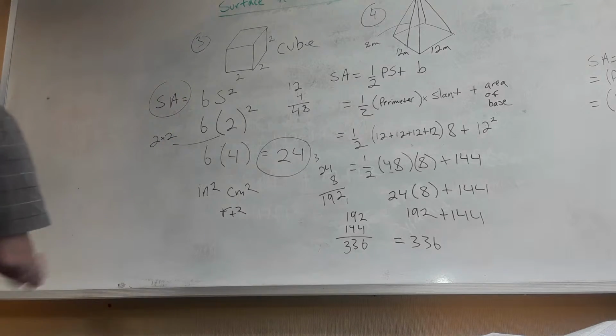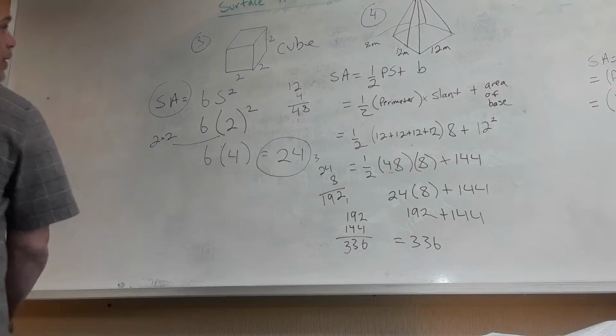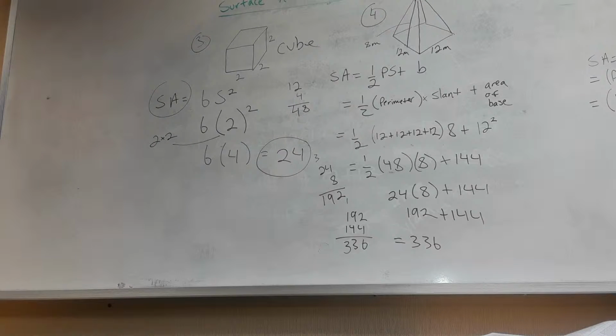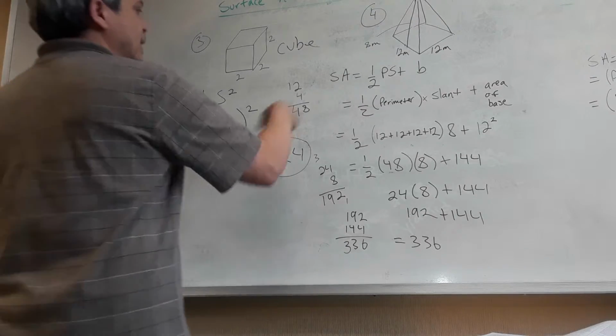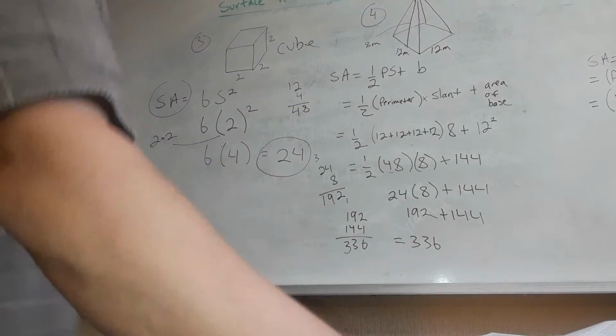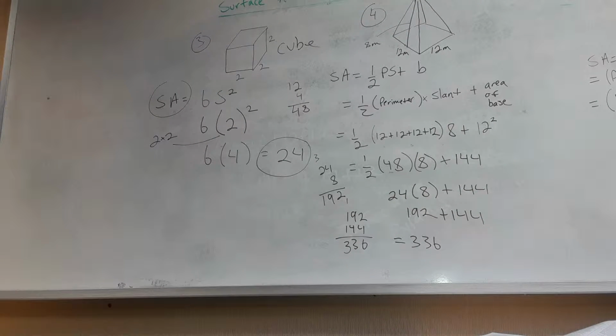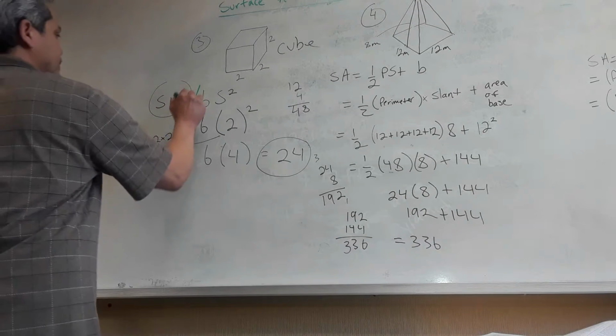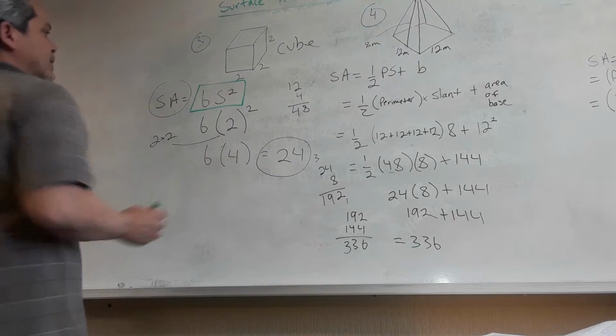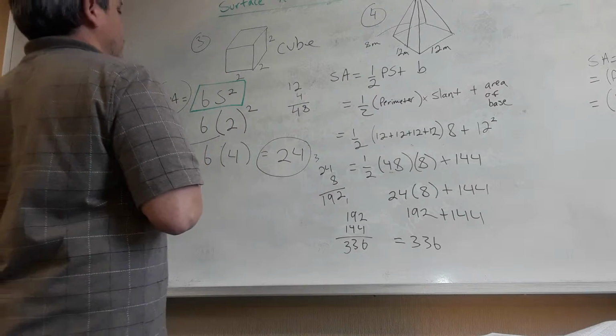Okay, so here we have another triangular prism. I'm going to put a square around the formulas.